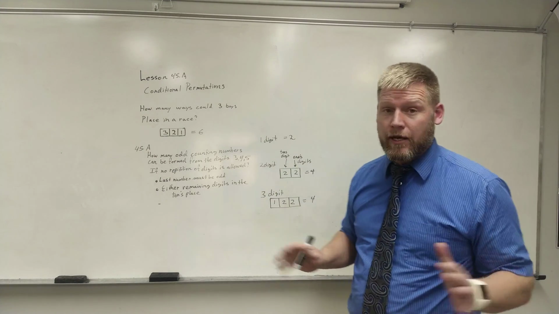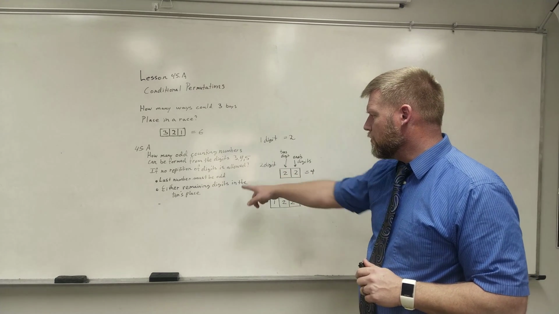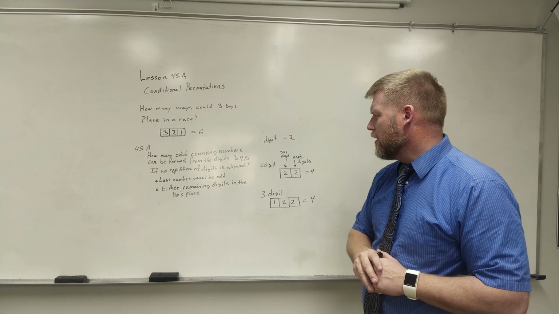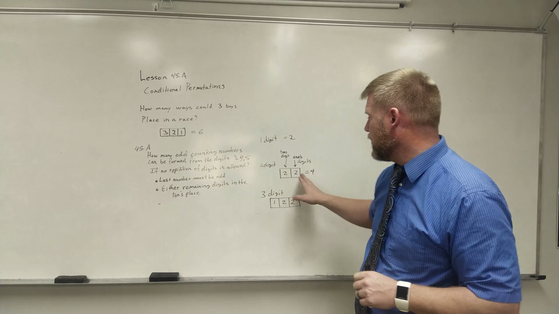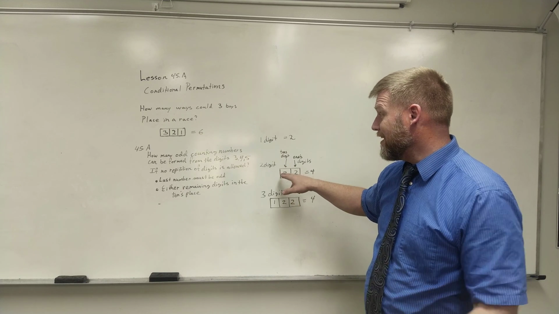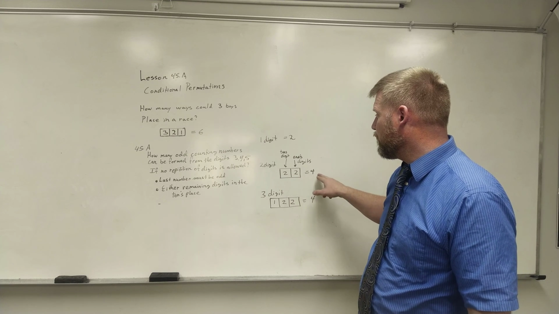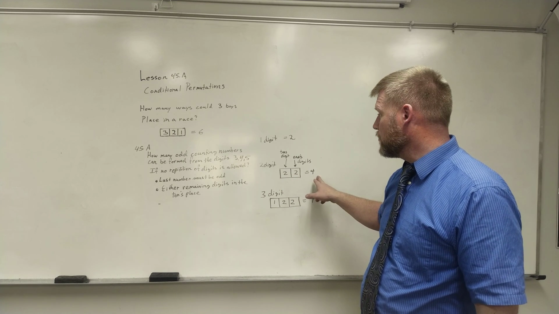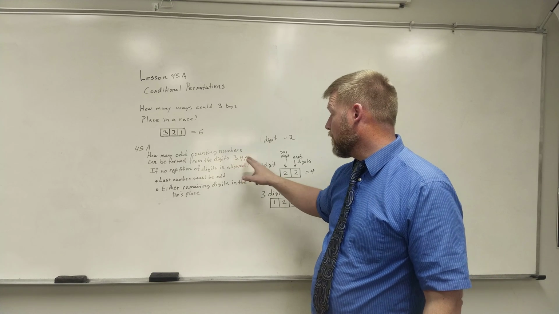So I'm not going to use that. The next thing I'm going to do is say either remaining digit in the tens place. So if I use one of the 3 numbers in the end, it doesn't matter which one I use, the next digit in the tens place can be either of the other remaining, and that gives me 2 and 2. So there are 4 different 2-digit counting numbers that are using the 3, 4, and 5.